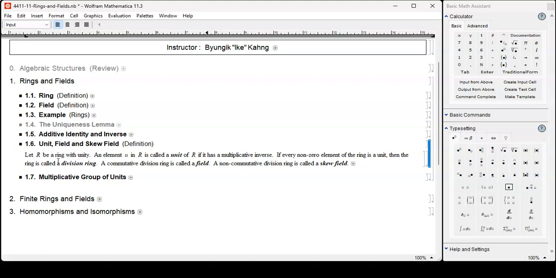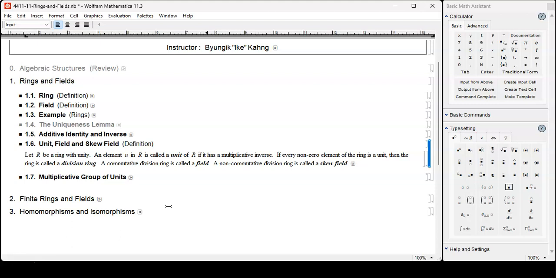This ring doesn't have to be commutative, so okay. An element with a multiplicative inverse is called a unit, and if every non-zero element is a unit, then it's called a division ring. Division is possible, but the multiplication may not have to be commutative.